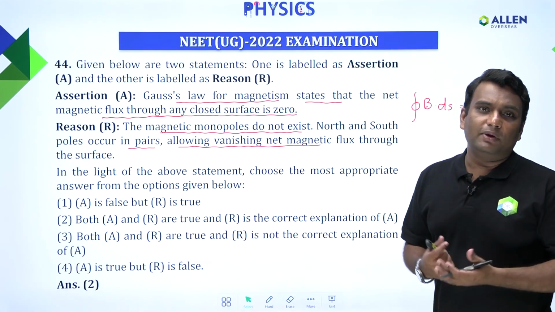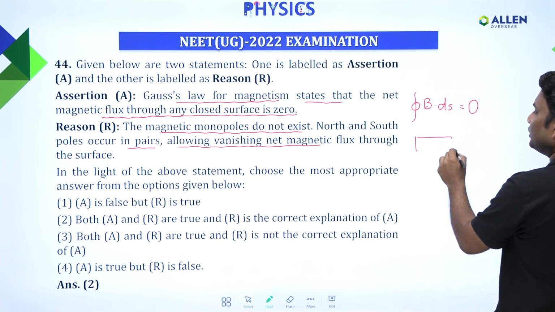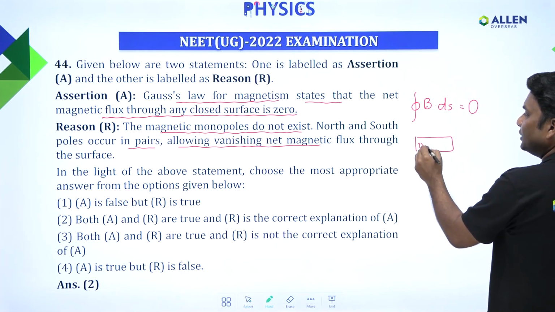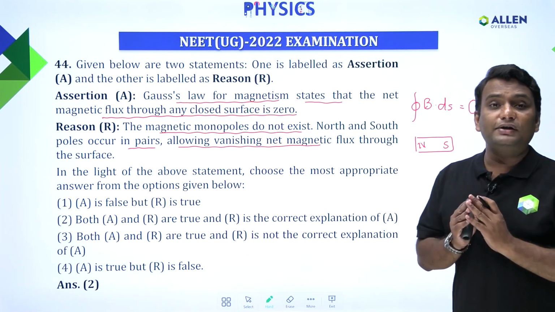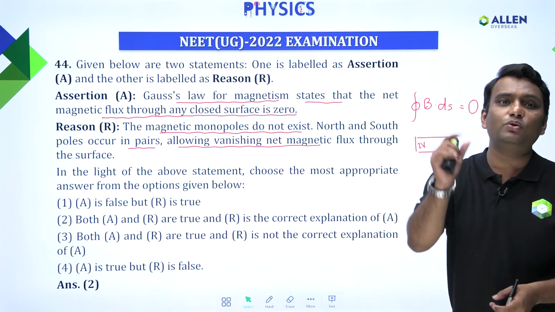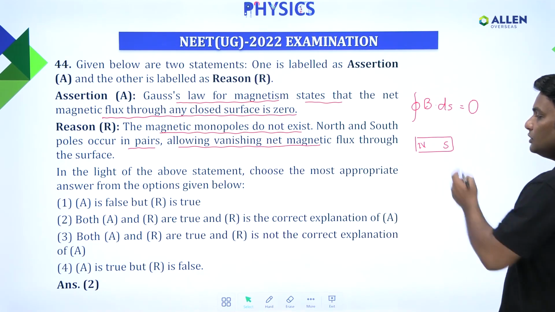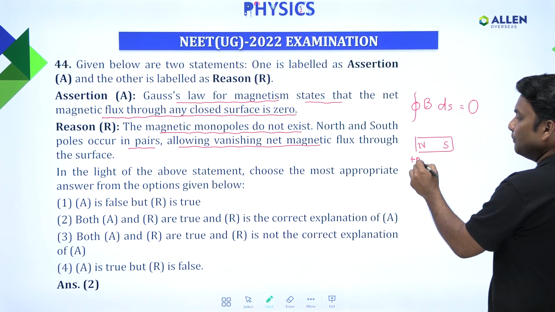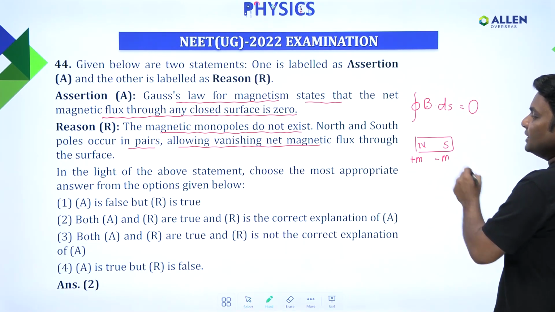So what does this statement mean? First of all, if we take the simple example of any bar magnet, a bar magnet always has two poles, north pole and south pole, and it is not possible to have just one pole individually. These poles always occur in pairs, and to the north pole we assign pole strength plus m, and to the south pole we assign pole strength minus m.